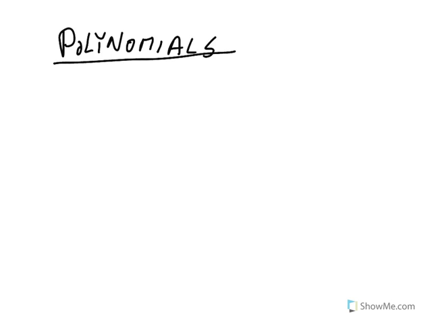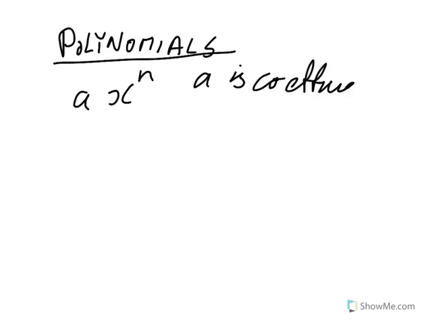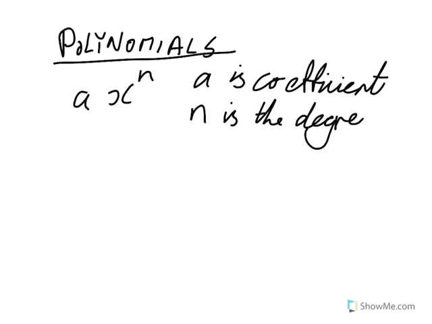Okay, looking at just some polynomial stuff. Some of this you already know. So, for example, ax to the n: a is the coefficient of x to the n, and n is the degree of the polynomial.